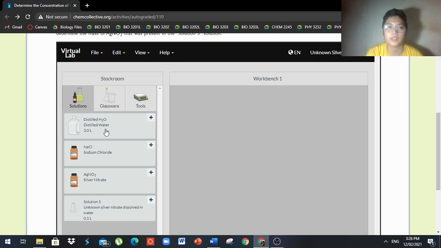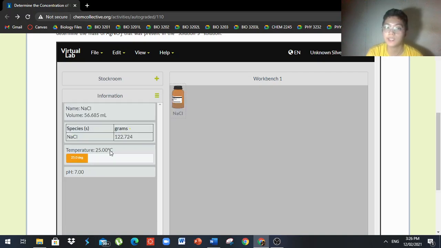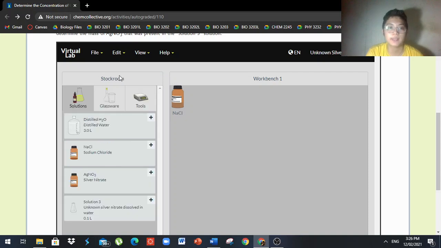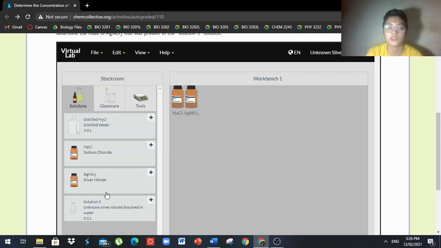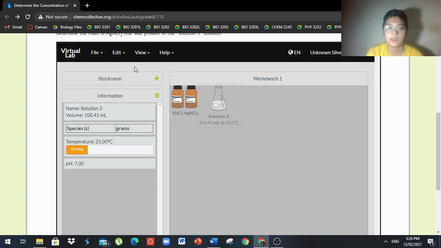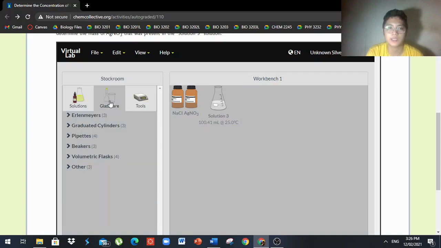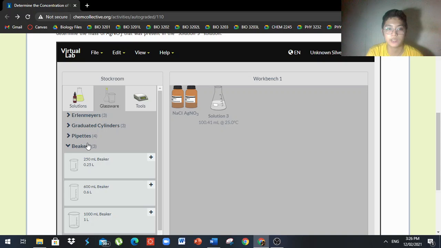such as the NaCl, the AgNO3, and solution 3, as well as the glassware, such as the 250 ml beaker.